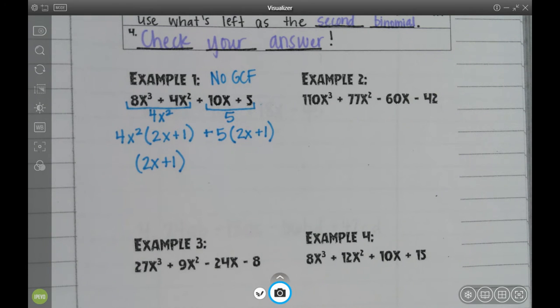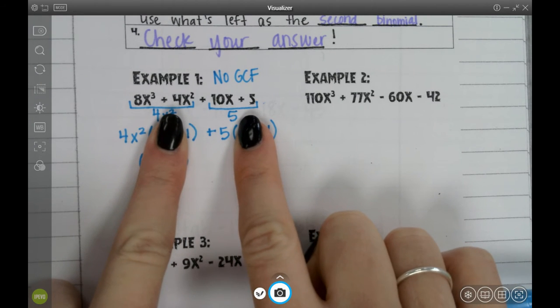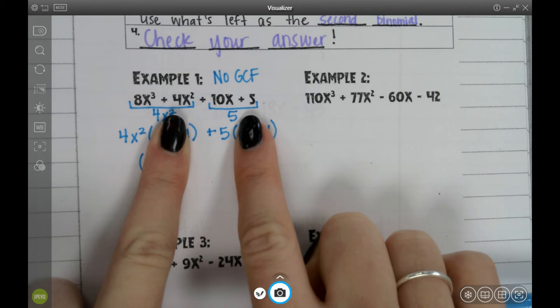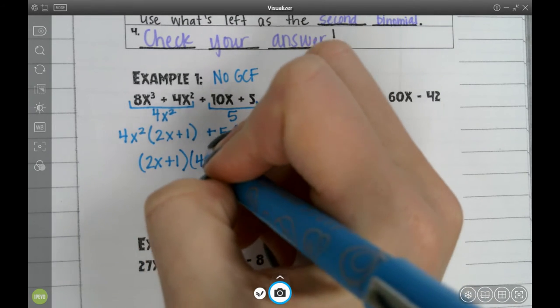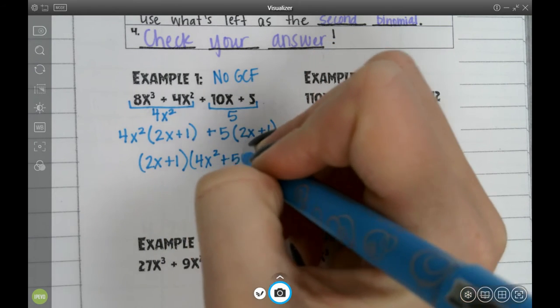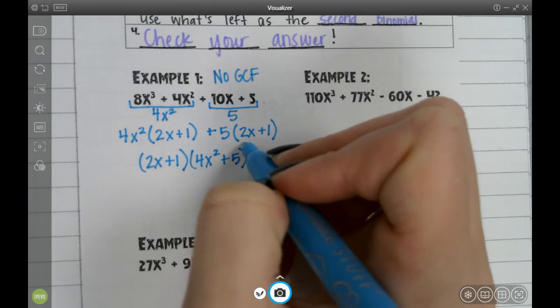You want to get real technical about it. And then if you pretend those aren't there, your GCFs are what you have left, right? So that 4x squared plus 5, that's what goes in your second set of parentheses. 4x squared plus 5. And that is what your factored answer should look like.